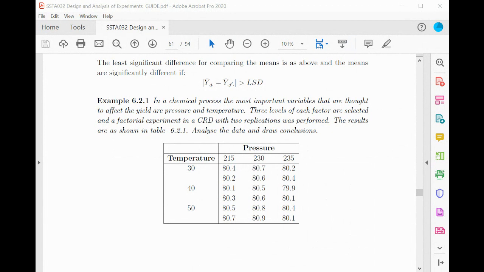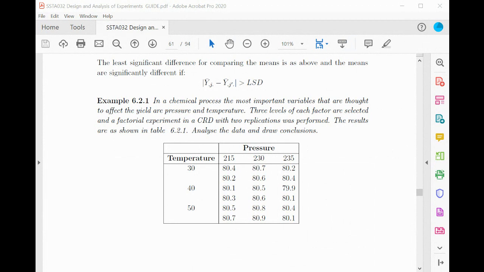We're saying in a chemical process, the most important variables that are thought to affect the yield are pressure and temperature, 3 levels of each factor. So you are told that temperature is measured in 3 levels, which means when the temperature is 30, when the temperature is 40, and 50.